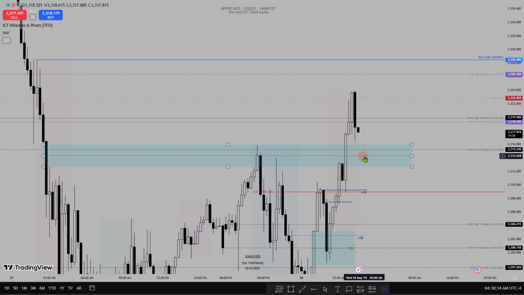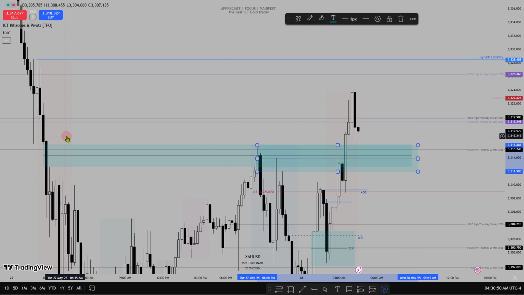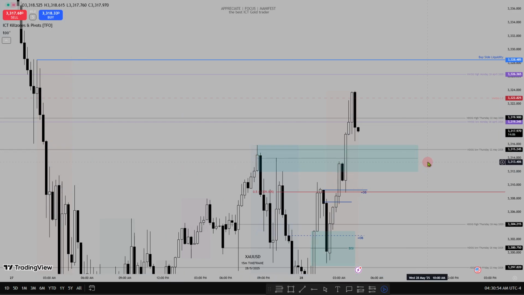This is a balanced price range, inversion fair value gap, whatever you can call it. But I call it an inversion fair value gap. So I'm looking at this breaker right there, coupled with the inversion. I just wanted to lay that out. I'm looking at this breaker. I'm not going to take the trade.